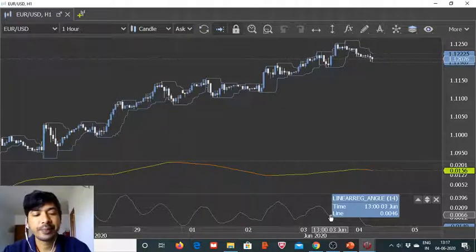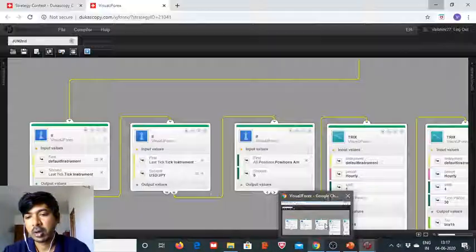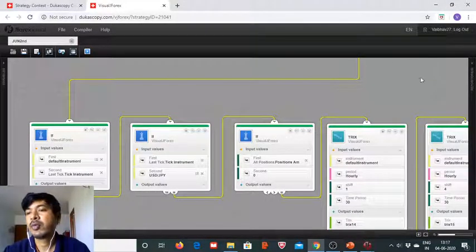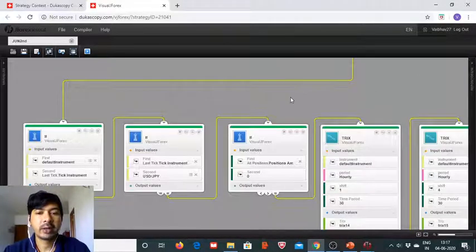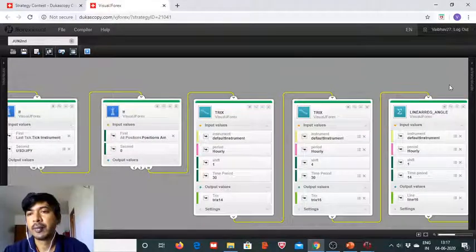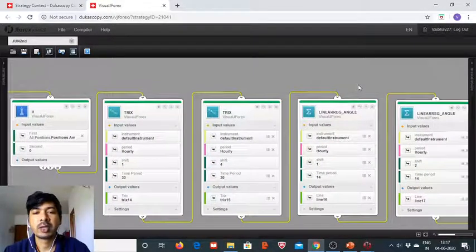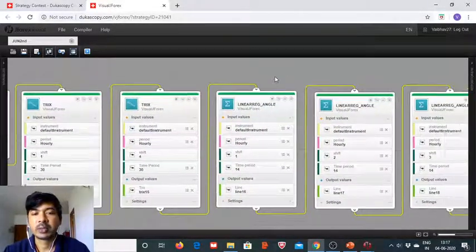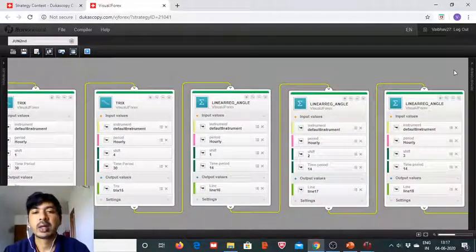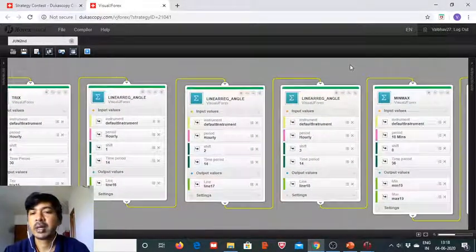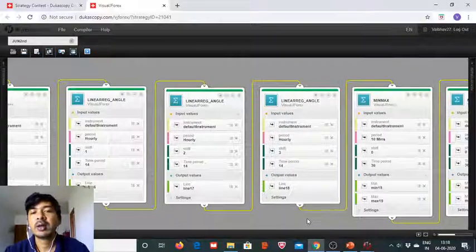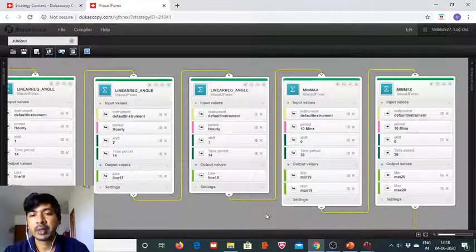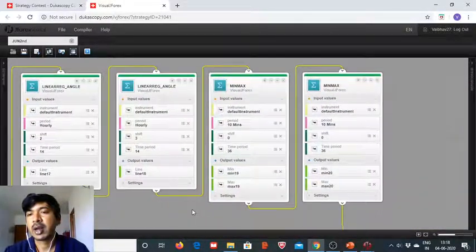Now let us go back on the Visual JForex platform where we have developed this setup. We have done an instrument subscription, then we got in the TRIX blocks with hourly time frame with shift 1 and shift 4. These are look back periods, and we will be comparing the values there. Then we got this linear regression angle, and here this will help us guide whether the reversal is happening after some sort of retracement in the underlying instrument.